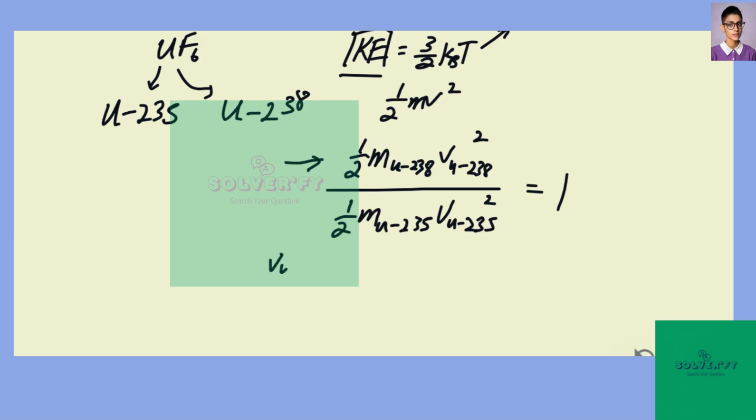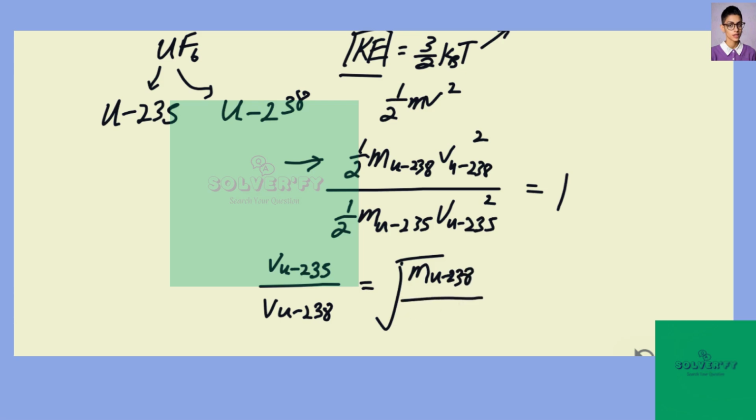So this velocity of uranium-235 over velocity of uranium-238, brought over to the right hand side, and then we take the square root of both sides. We should get the square root of the mass of the molecule containing uranium-238 divided by the mass of the molecule containing uranium-235.